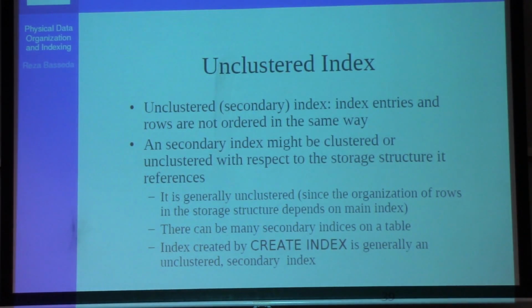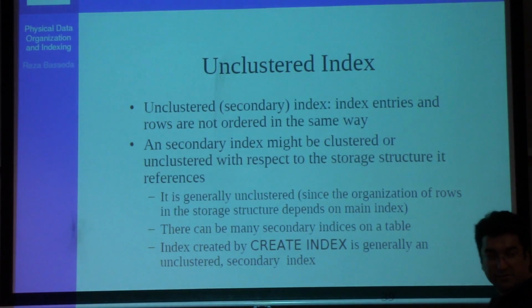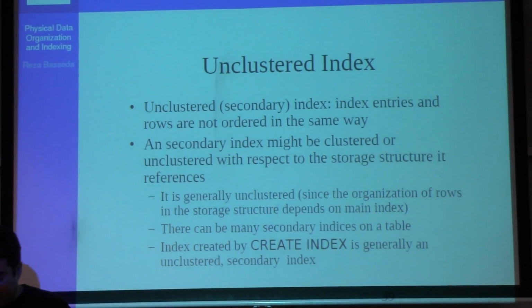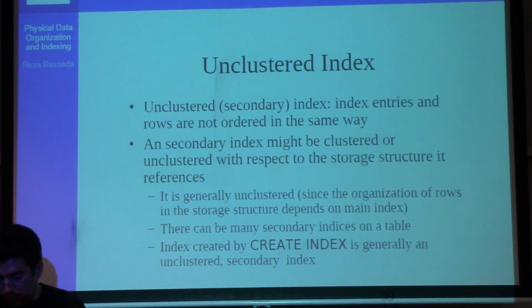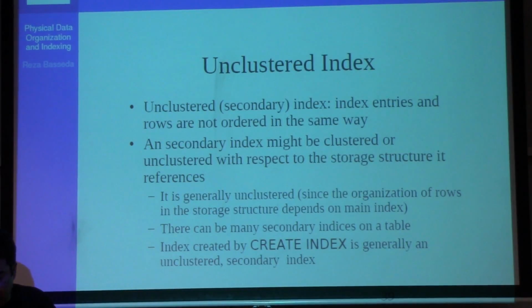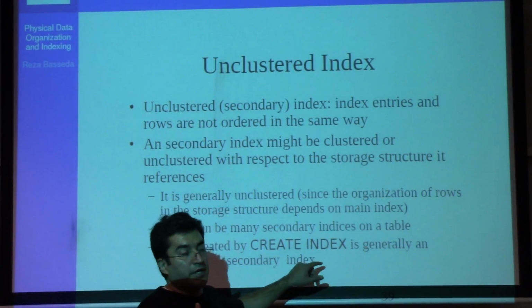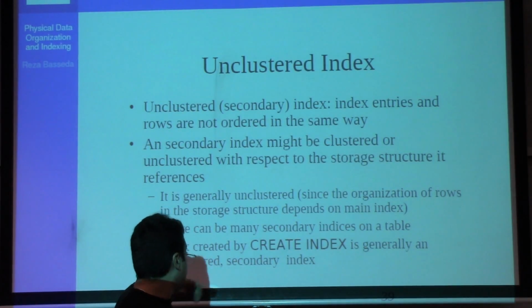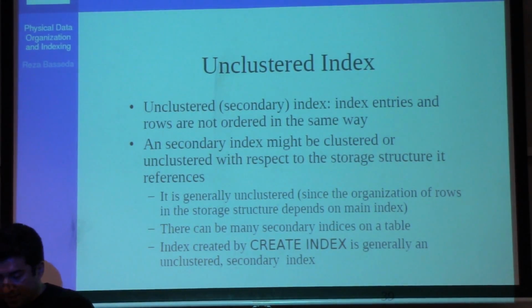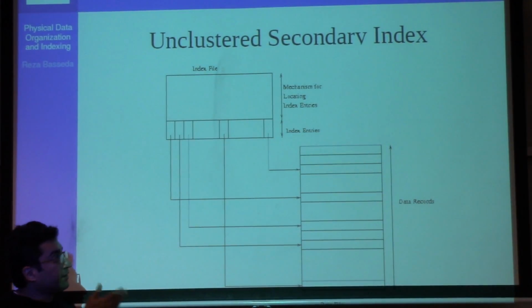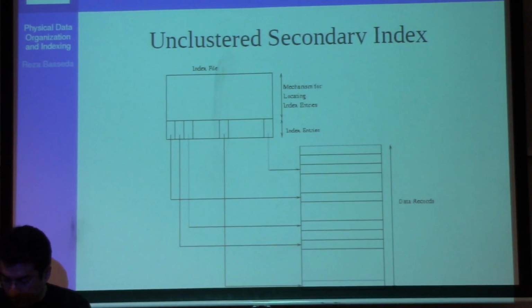Therefore, whatever index you are adding will be non-clustered. You saw that I couldn't add any clustered index in the table. So the command create index in SQL 99 is creating an index, and by default it is unsorted and a secondary index. So this is an unclustered secondary index. You see that the rows are not sorted.